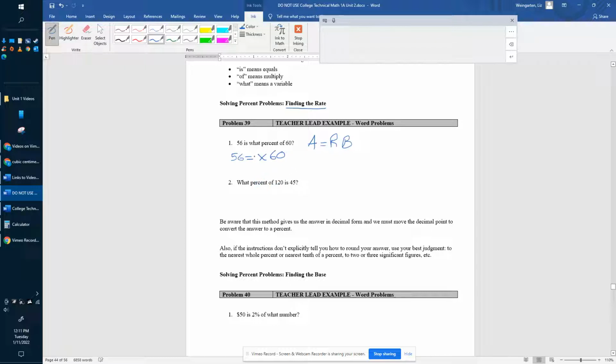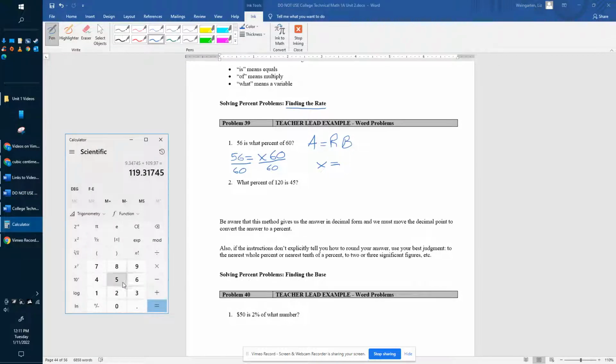Whenever you see what, you can think x. Solve for x, we'll divide both sides by 60. And let's see what we get x equal to. Remember, x is a decimal here. We're going to have to convert it to a percent. 0.93 repeating.